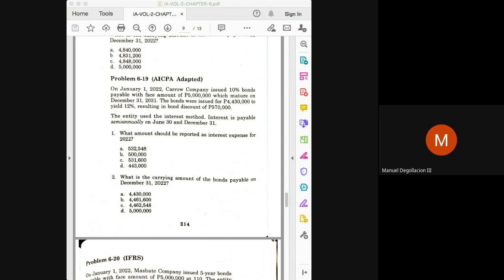But it begs the question: are we supposed to be computing only for interest expense for 6 months? The answer is no. You will still need to compute interest expense for 12 months, but you will have to compute the interest expense twice to get the interest expense for 12 months.